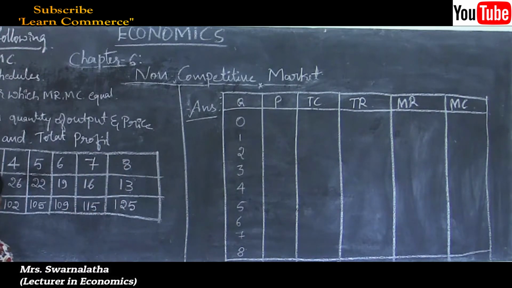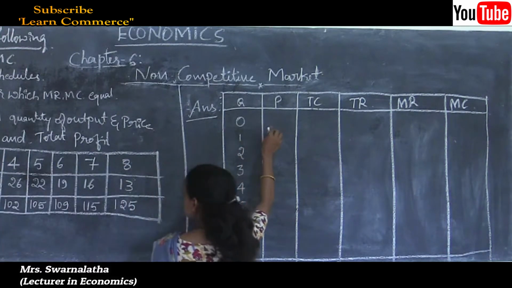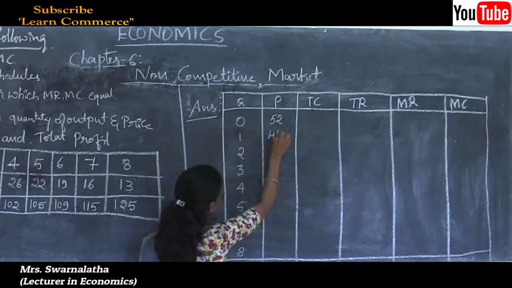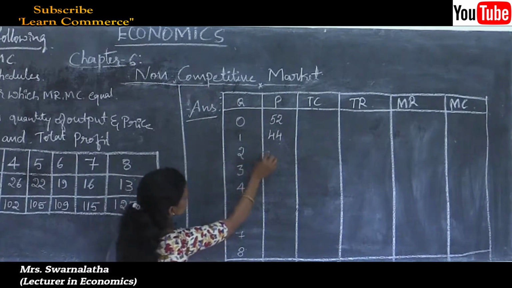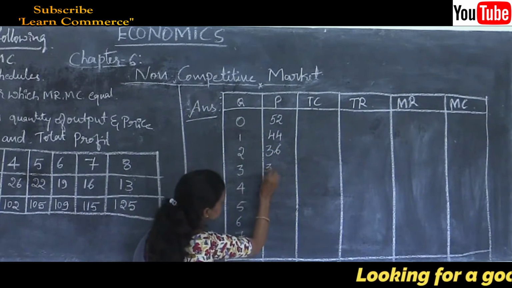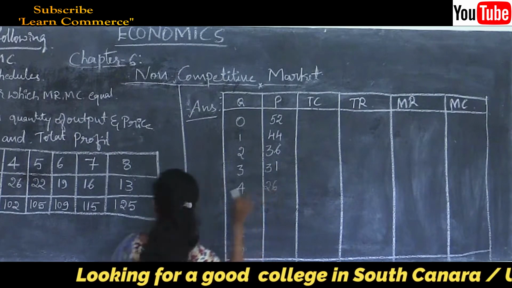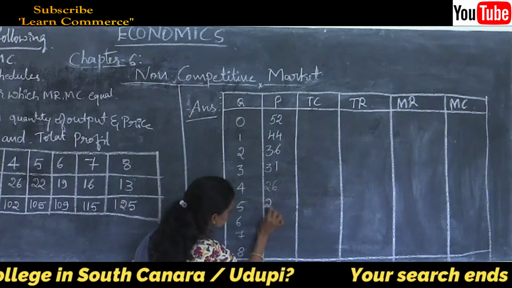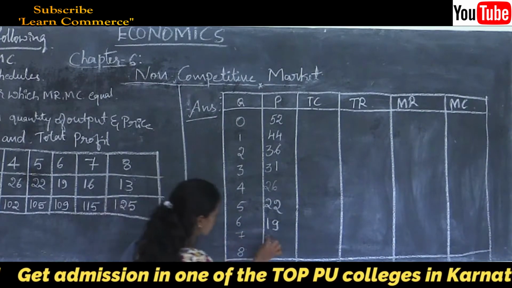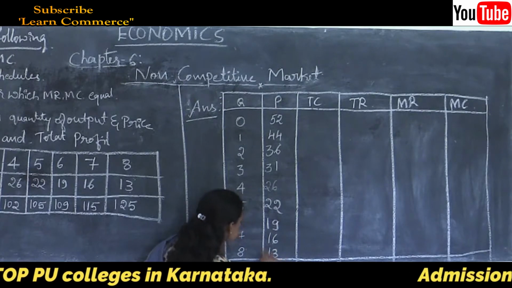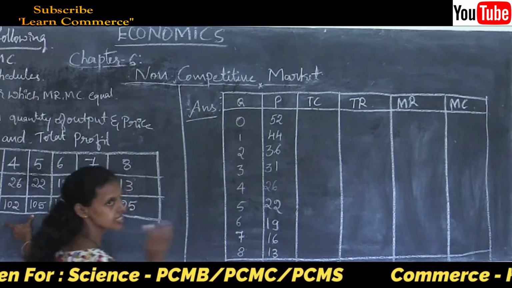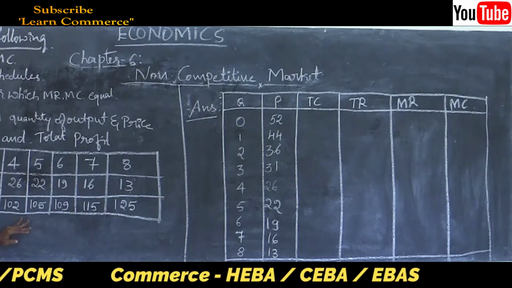Next write the price: 52, 44, 36, 31, 26, 22, 19, 16, 13.